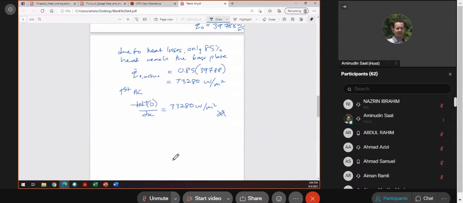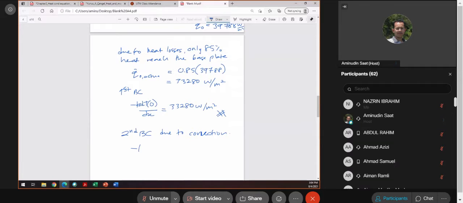And the second boundary condition is due to convection.